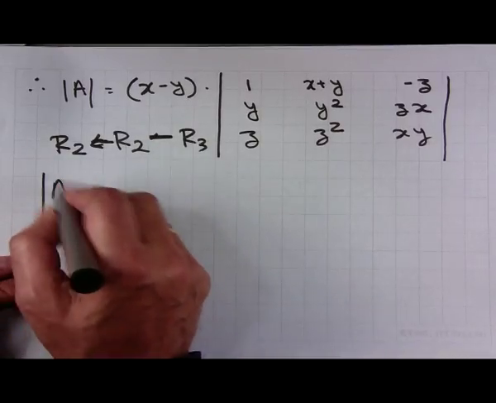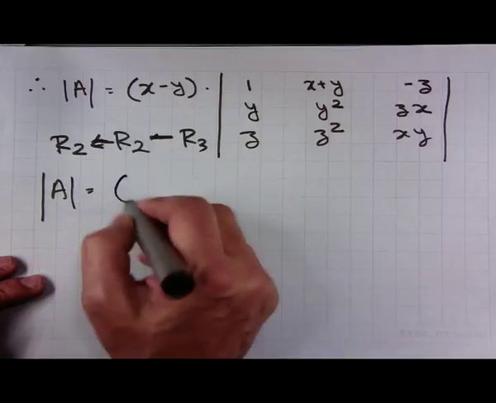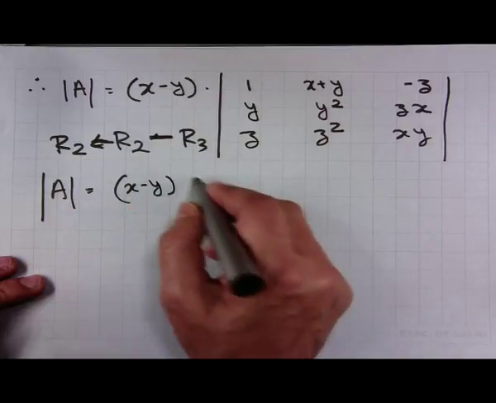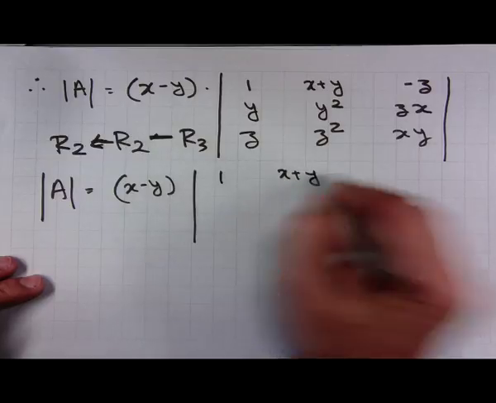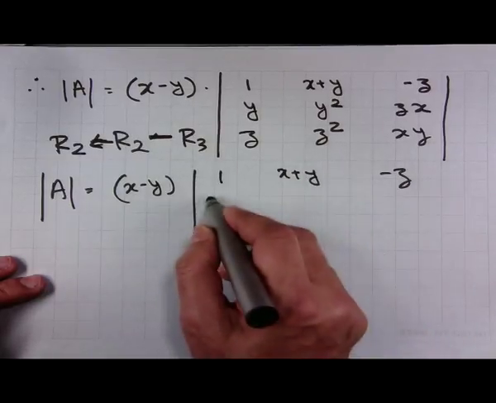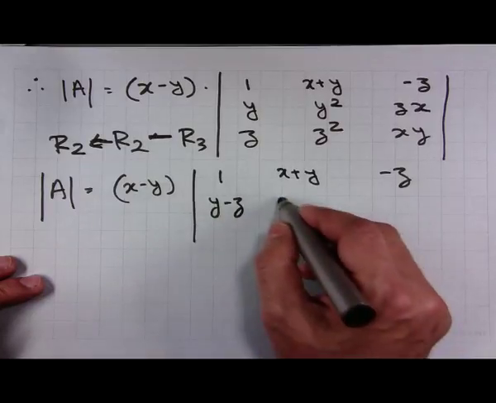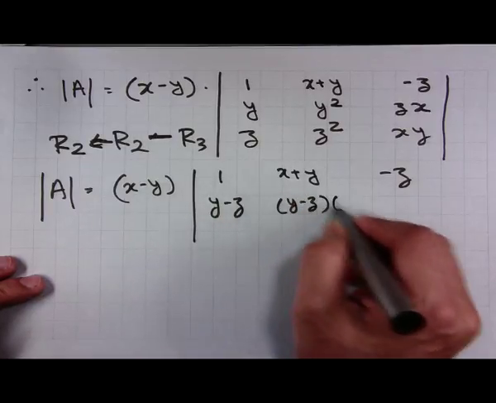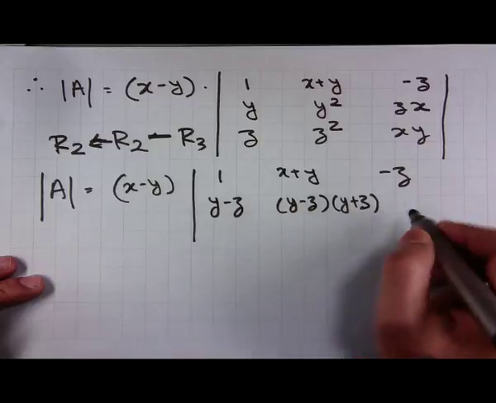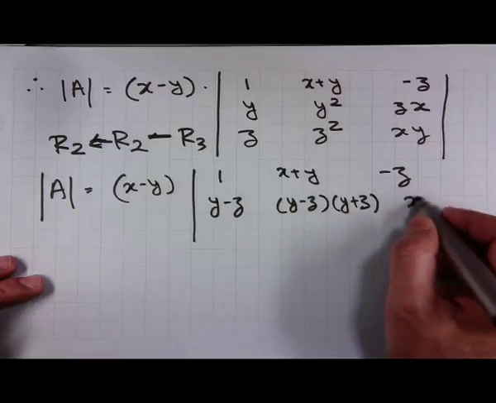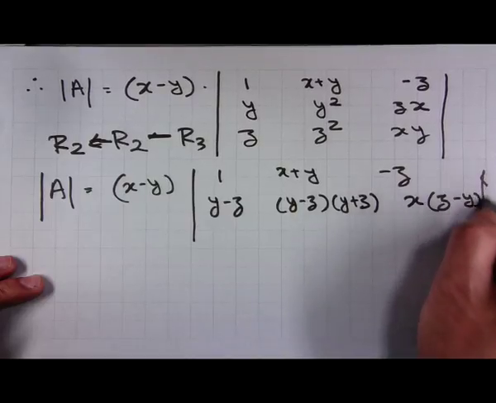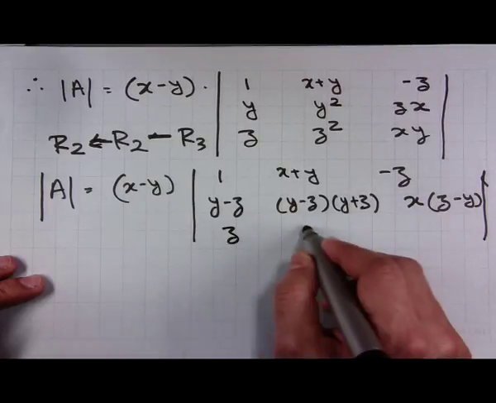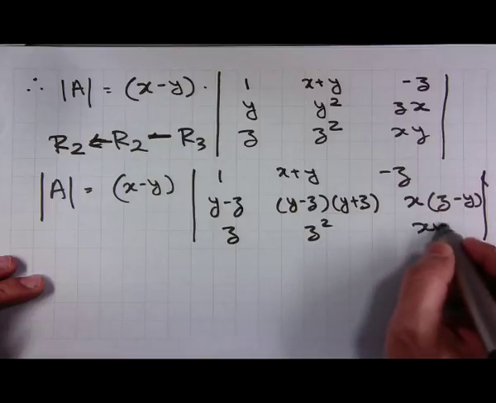Therefore, determinant of A is equal to x minus y into determinant of 1 x plus y minus z, y minus z, y minus z into y plus z into x into z minus y, z square xy.